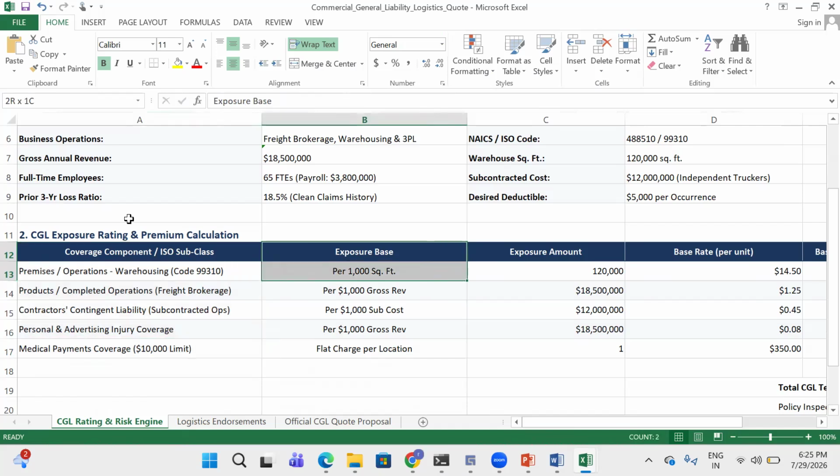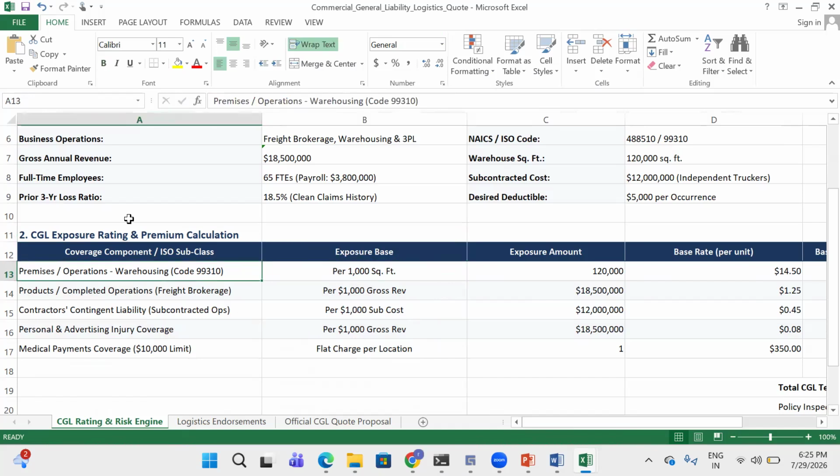Second, what should be the exposure base? Let's say for premises operations, warehousing and all, we are taking the exposure base as 1000 SFT. Second, for products, we have taken $1,000 in gross revenue for the products they are handling as freight brokerage coverage.